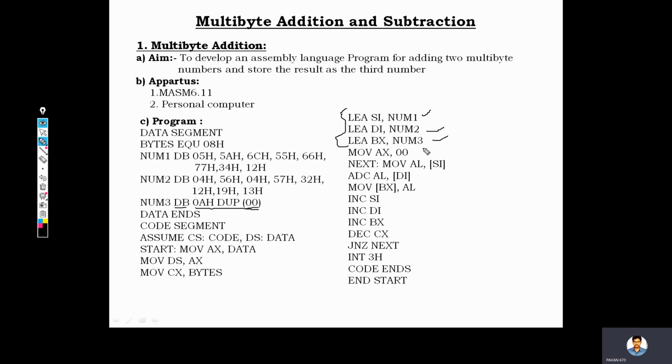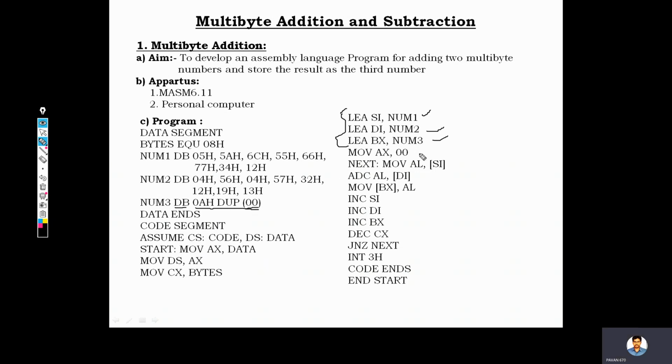Before starting our actual operation, so far we have initialized the values in our data segment, collected the data segment's base address, and collected the addresses of the values located inside the data segment. Now we need to start our actual arithmetic operation.